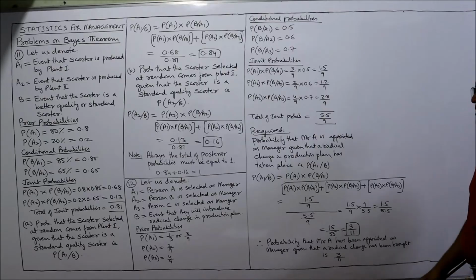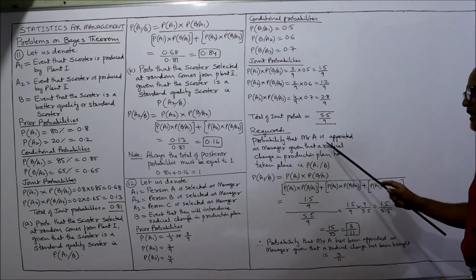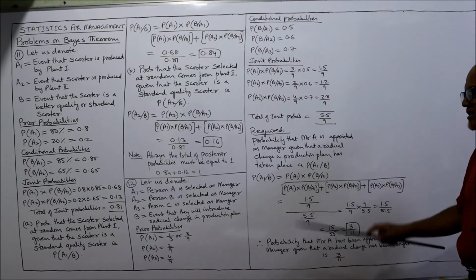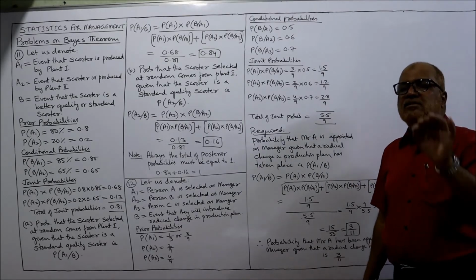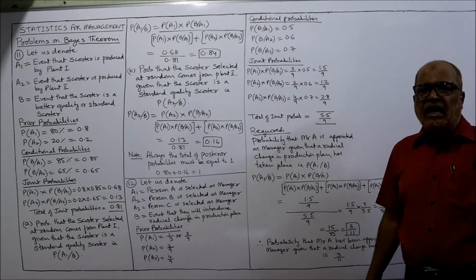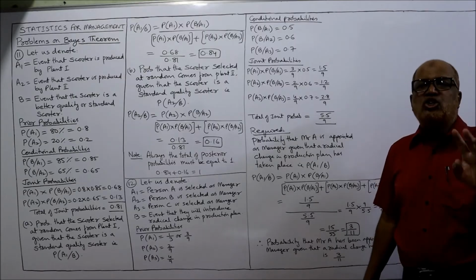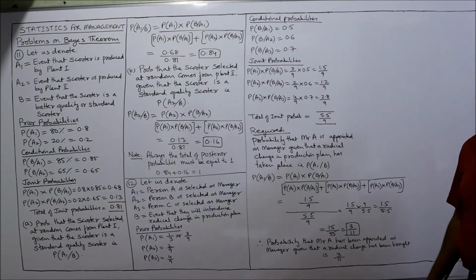Now required: the probability that Mr. A is appointed as manager given that a radical change in the production plan has taken place. Finally, the problem is asking: what is the probability that Mr. A is selected as manager given that there is a change in the production plan?